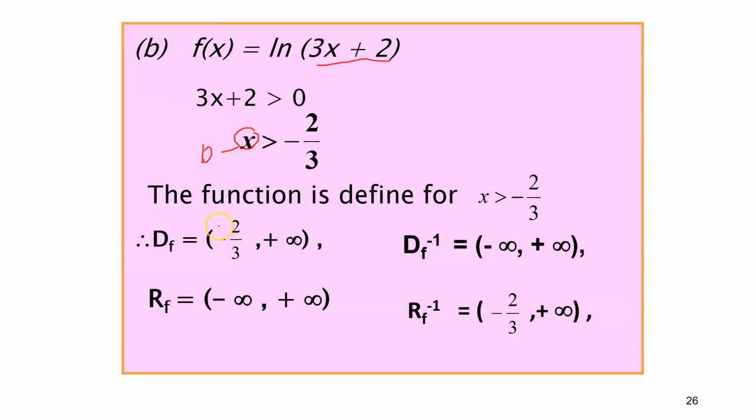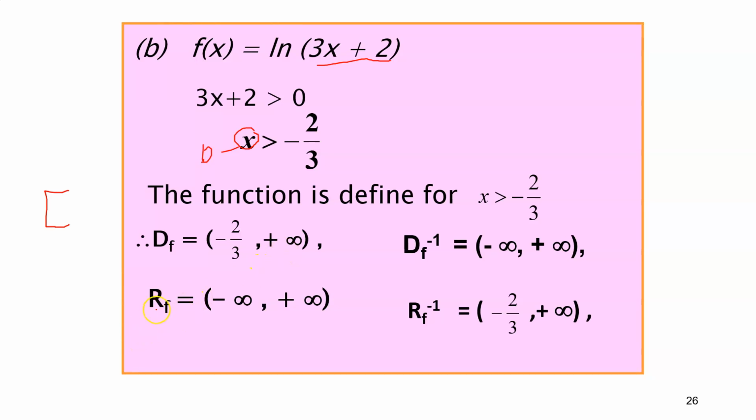This is open bracket. Okay. Maksudnya dia kena lebih besar daripada negative 2 over 3. We don't write it down using a close bracket. Close bracket means 2 per 3 tu termasuk. But now it must be greater than negative 2 over 3, itu is not included. It must be greater than this until positive infinity. So it can be any value from this range.